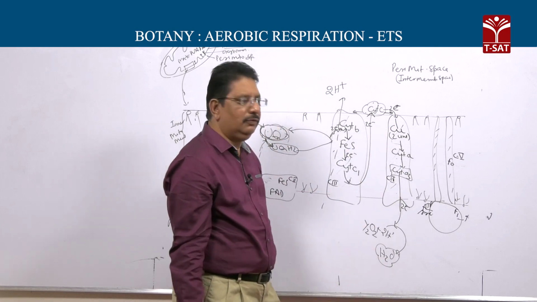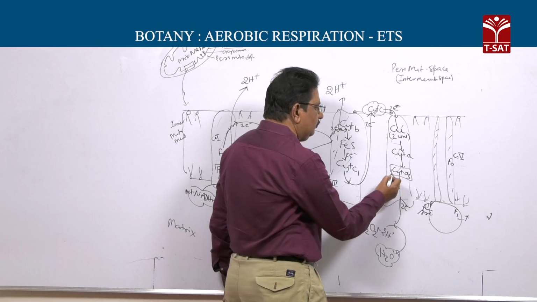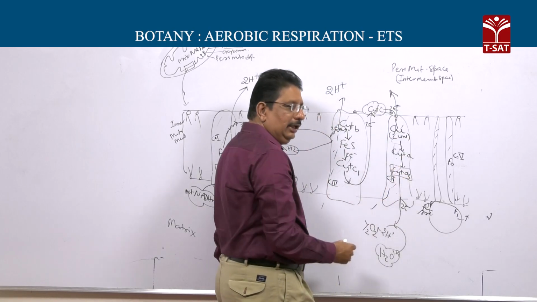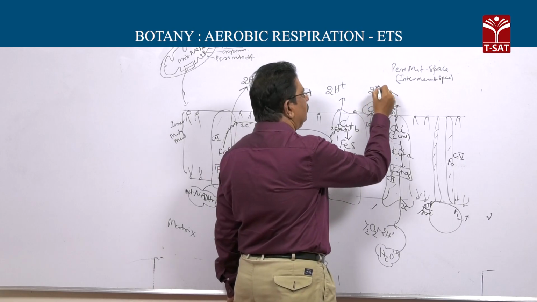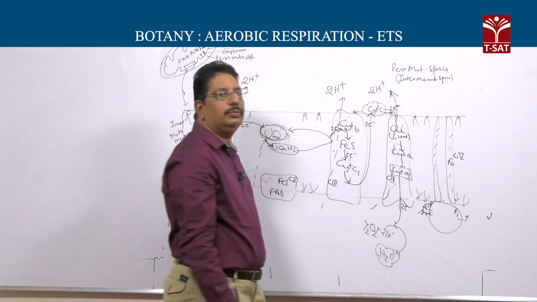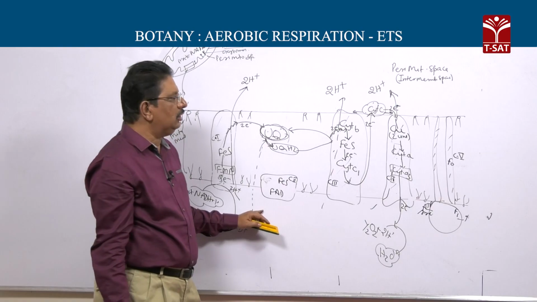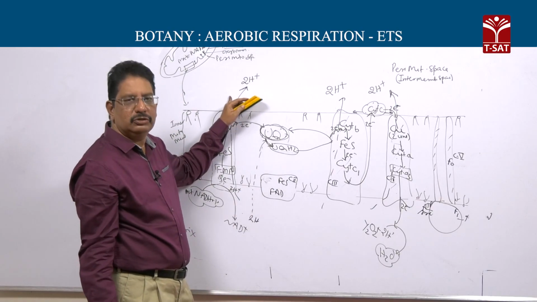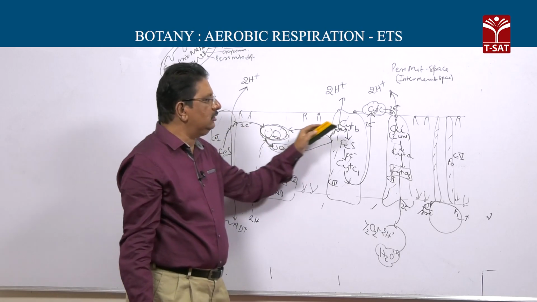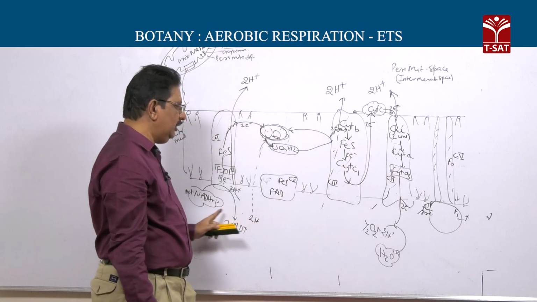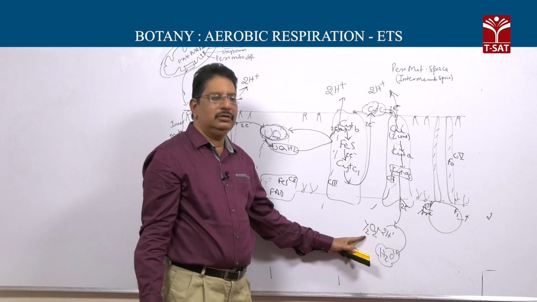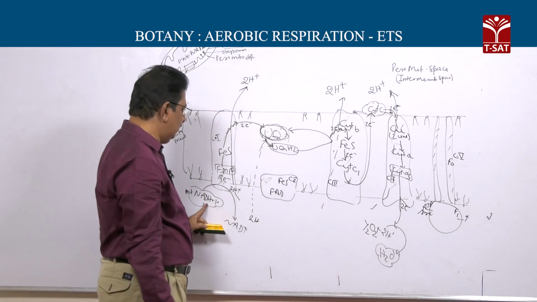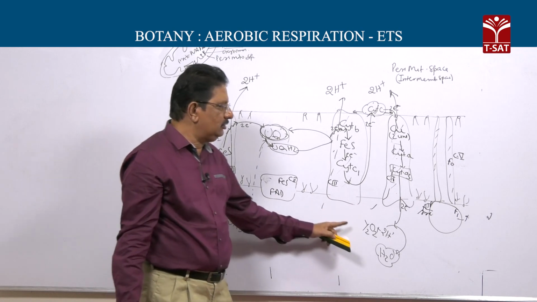During this transfer of electrons, complex 4 utilizes the electron energy and pumps 2 more protons. So, protons are slowly accumulating in the intermembrane space as the electrons are moving from NADH to oxygen. So, this completes the electron journey from NADH to oxygen.